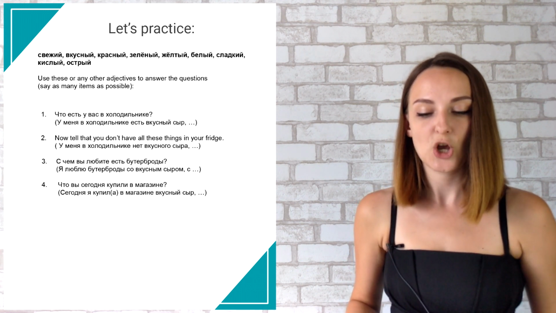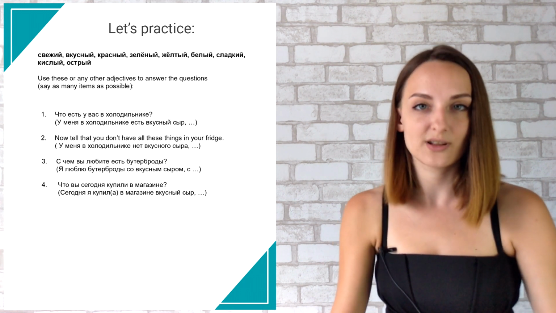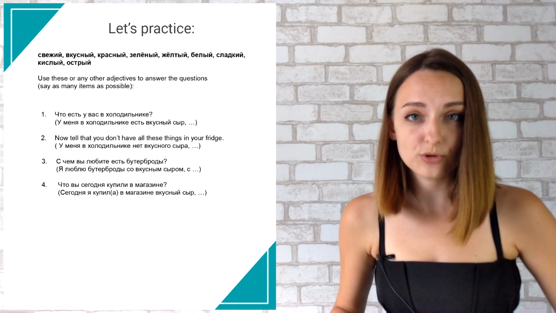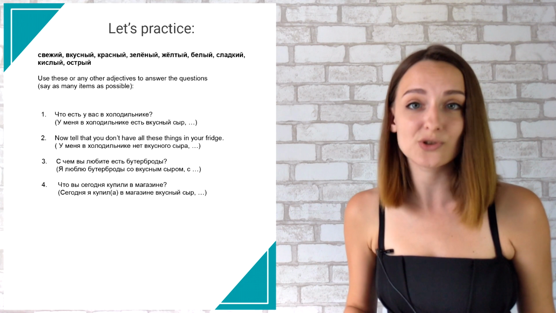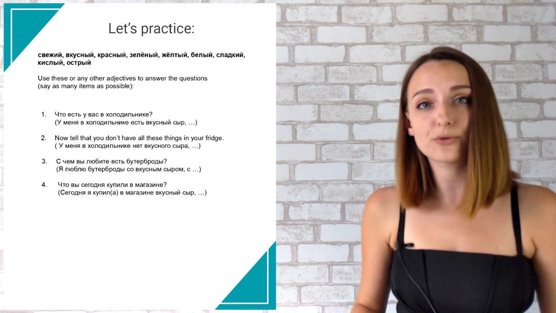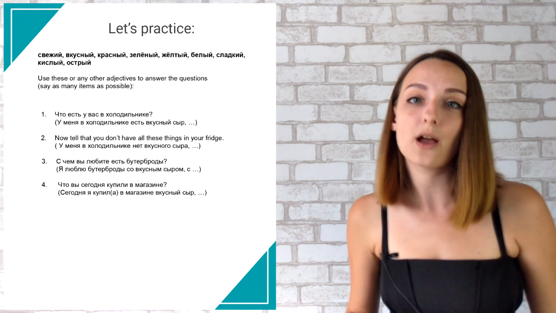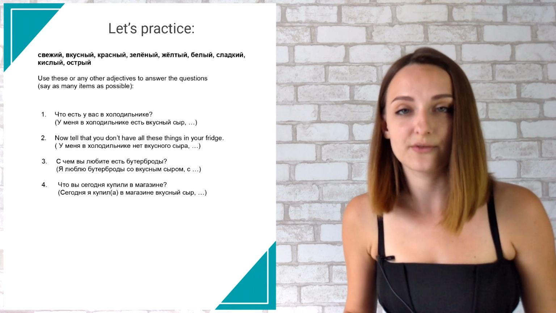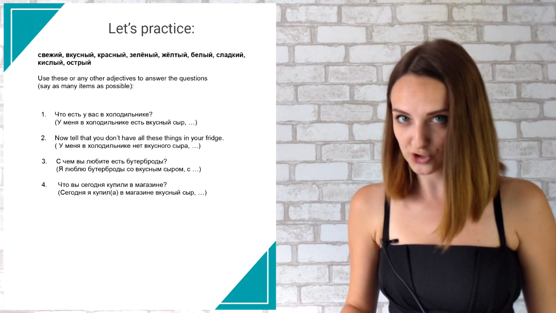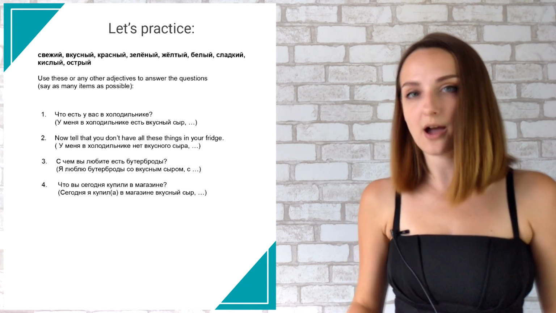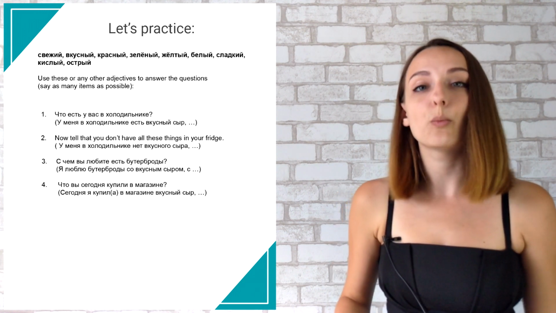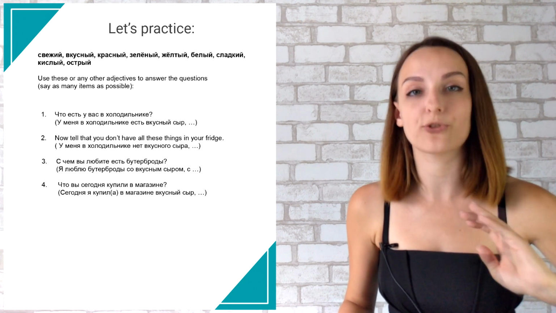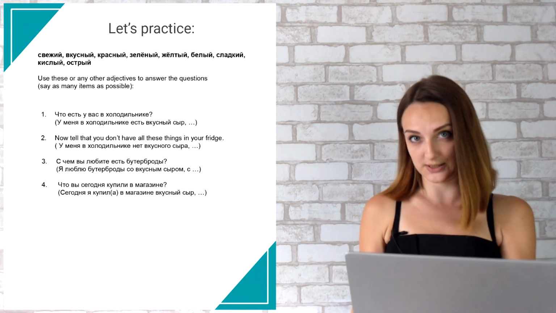For example, first question. Что есть у вас в холодильнике? So, right now, you stand up with your telephone or with your computer where you watch this lesson. You go to your fridge, you open it, and you describe everything that you have there with adjectives. Not just say, I have cheese here, or I have onion here, but you try to find different adjectives for it, да?